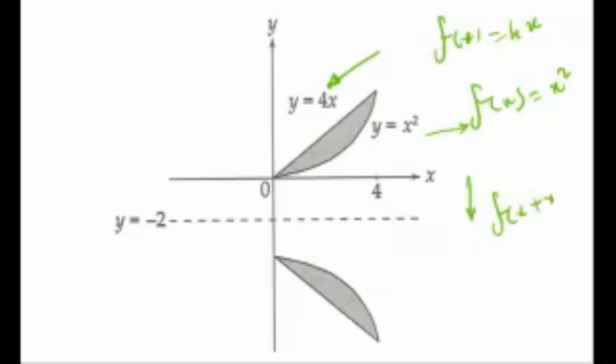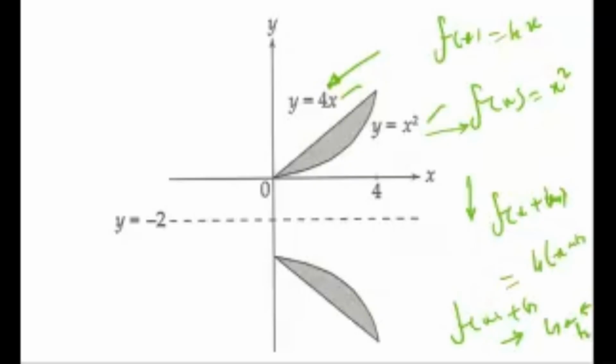The whole function gets shifted downwards, and similarly 4x and x square will both get shifted.